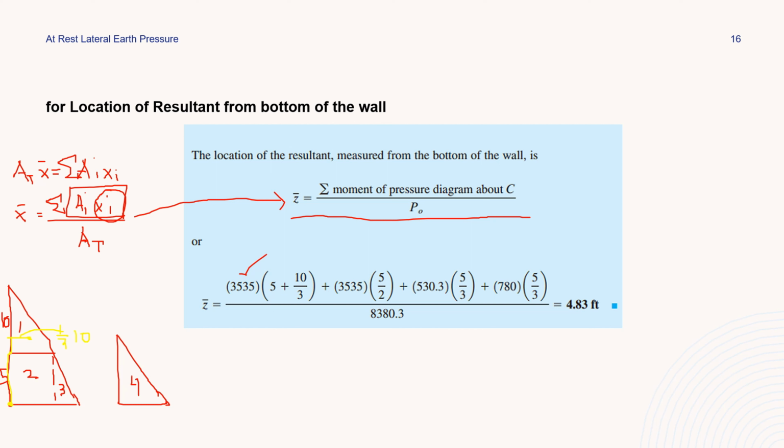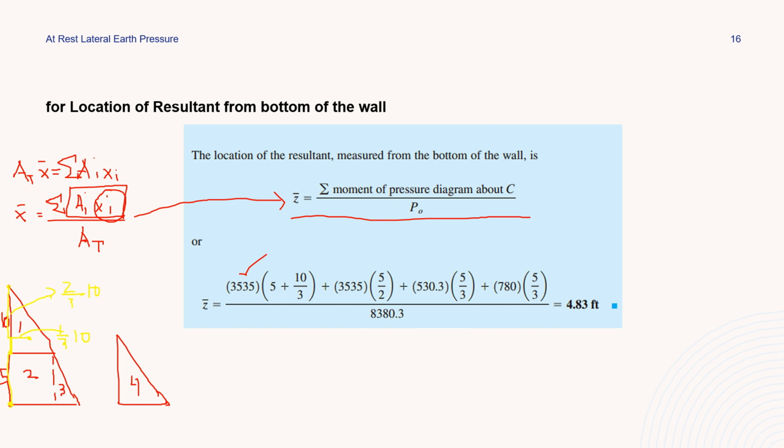Because the centroid of a triangle of 10 is, from the highest point, 2/3 of 10, and toward the shallower side it is 1/3. So the moment arm is 5 plus that distance, which is 1/3 of 10.